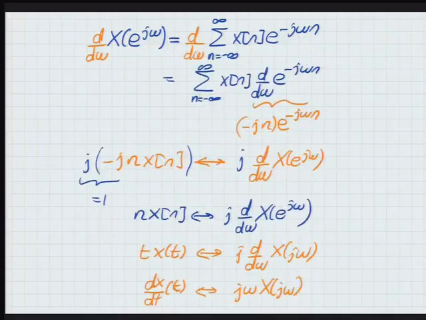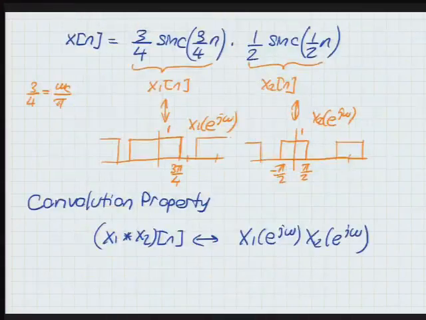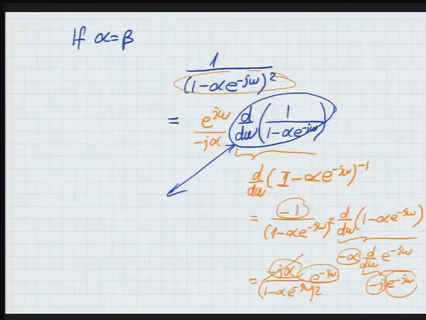Wait, I went too far. It's here, yeah, it's this one. So this says j times that will come from n times x of n, x being, of course, the basic signal that is alpha to the n u of n. That multiplied by n will give me j times that.